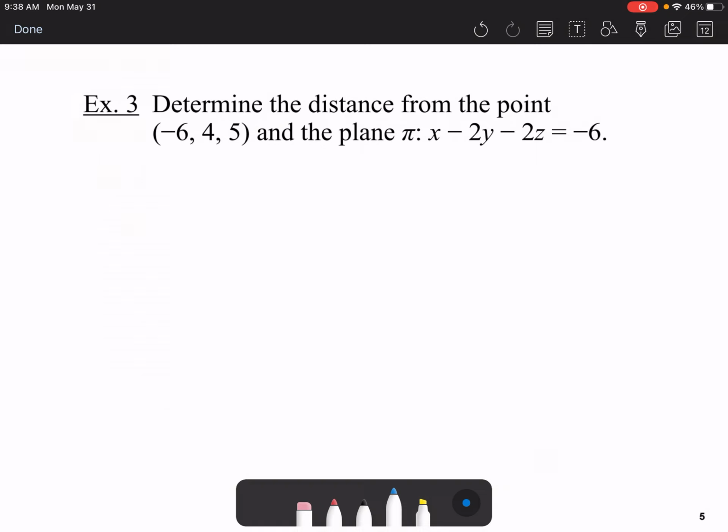Okay, so what we can do now is use materials from last day to help us find the distance from a point to a plane. So how do we do this? Well, if our plane is given by this equation, x minus 2y minus 2z equals negative 6, we know the normal coming out from this plane is 1, negative 2, negative 2.